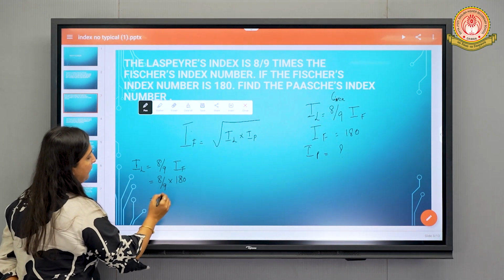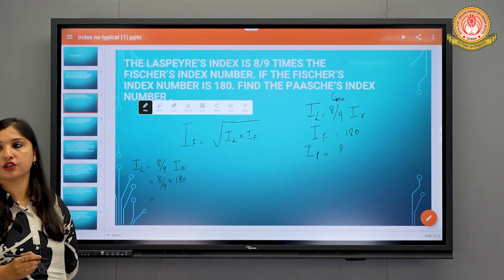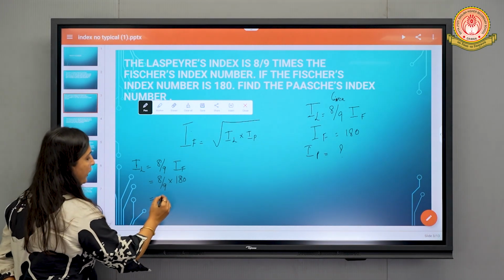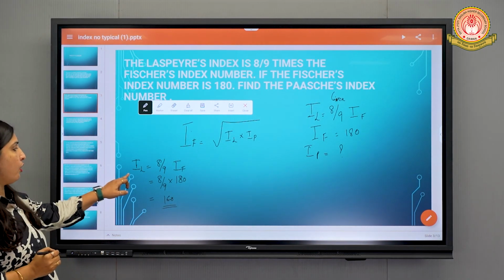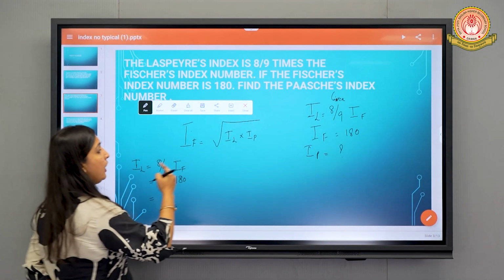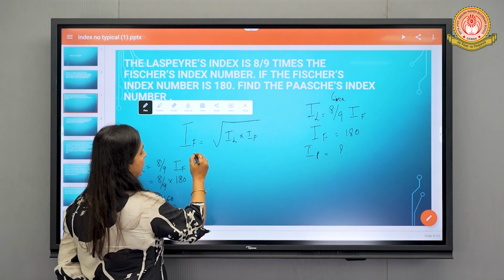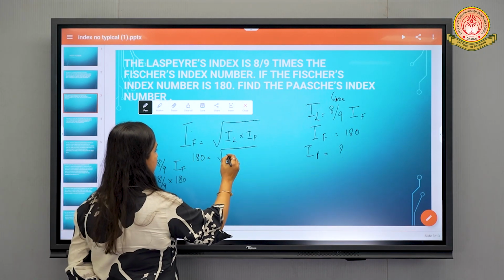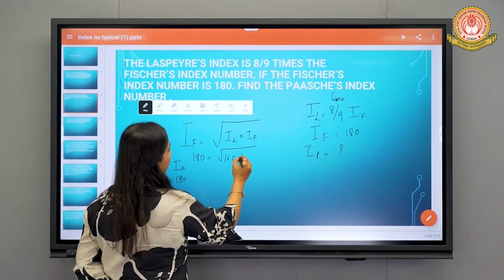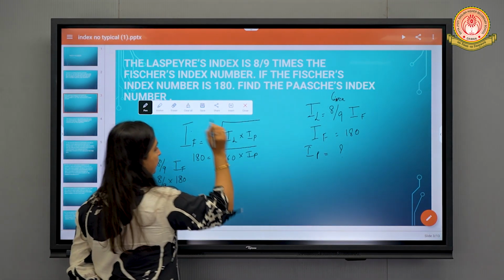When we multiply 8 by 9 into 180, we get 160. So the value of IL we got is 160. The value of IF is already given as 180, and IL we just got as 160, into IP.